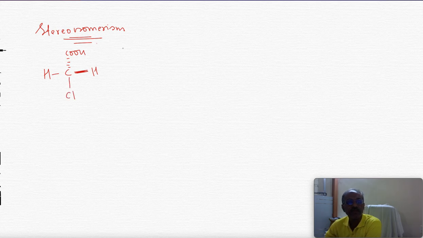Suppose if I take the same molecule, but if it has a COH, suppose this is carbon, this is hydrogen, this is hydrogen, and this happens to be chlorine.